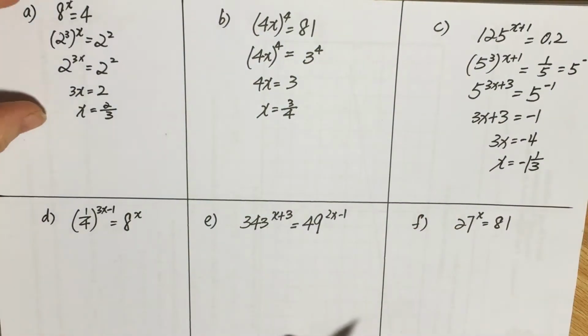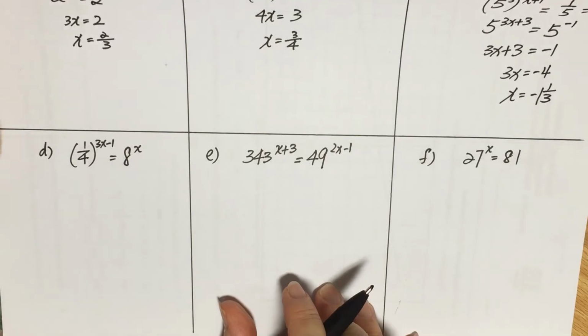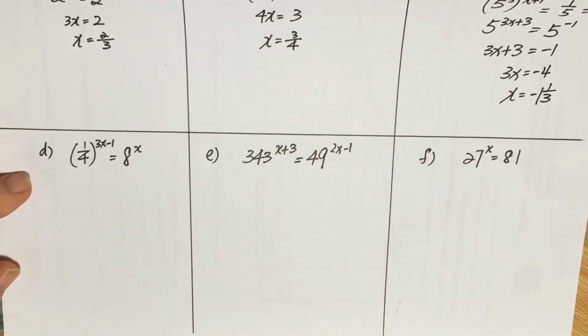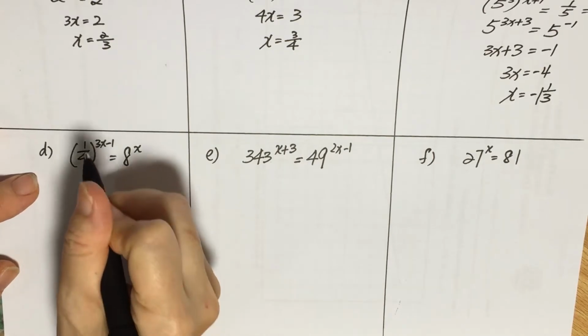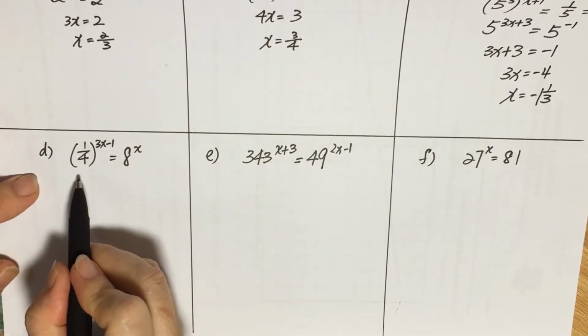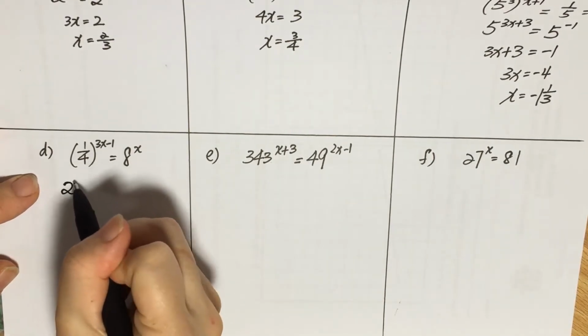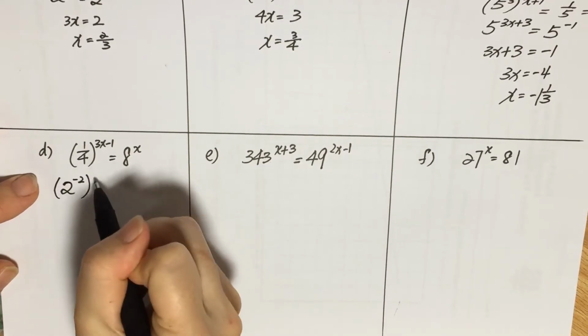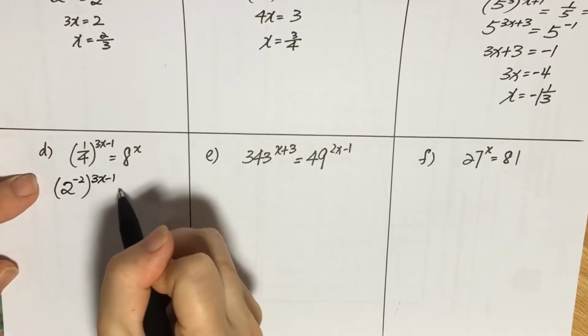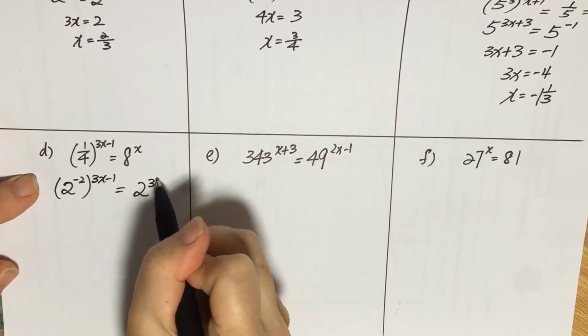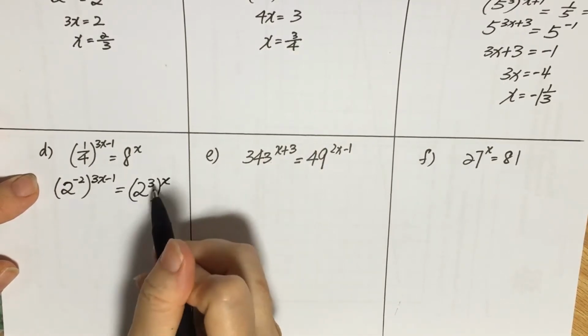Okay, question D. 4 and 8, we try to change them to the base of 2. So 1 upon 4 is actually 2 to the power of -2, then raised to the power of 3x minus 1, equals 2 to the power of 3 raised to the power of x. So this is power of power again.